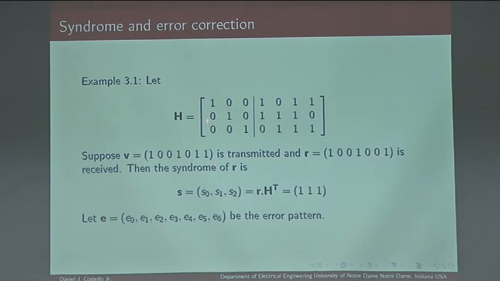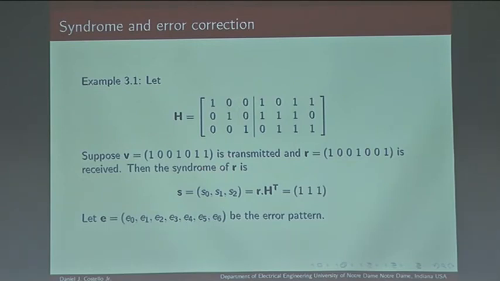This is saying that positions 1, 4, 6, and 7 should add to 0. So this column plus this column gives us 0, 1, 0. And the sum of these two columns also gives us 0, 1, 0. And you add those two together, you get all zeros. So you can see that this is a code word, just so you're sure we didn't put something in here which is incorrect.